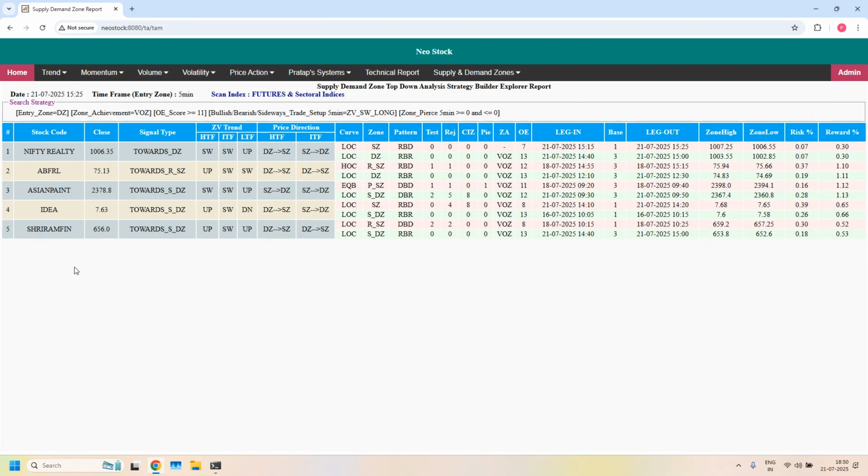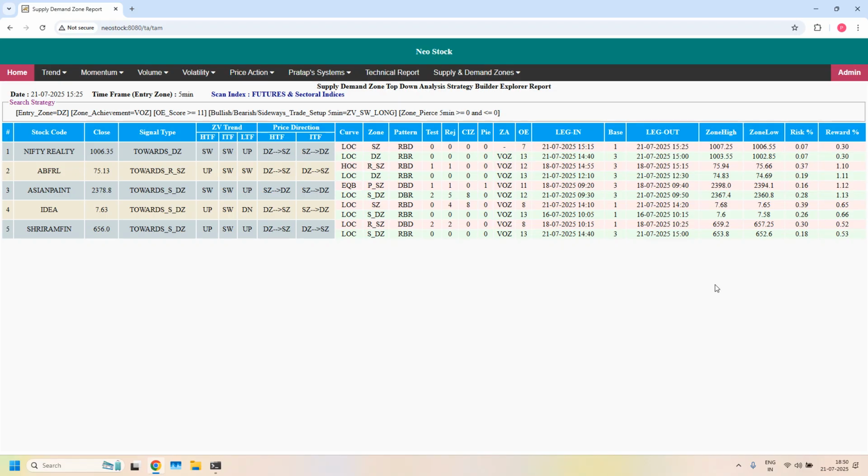After that, we got 5 stocks. These 5 stocks are supporting sideways long trade setup for hourly income trade, and entry time frame zones are 5 minutes demand zones. So total we got 5 stocks. Sideways long trade setup.